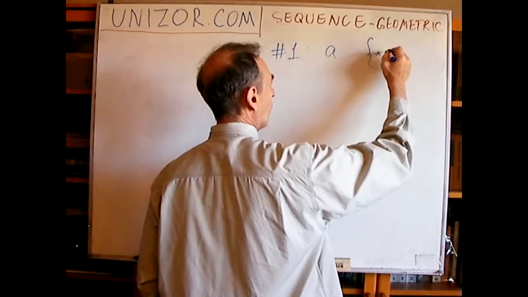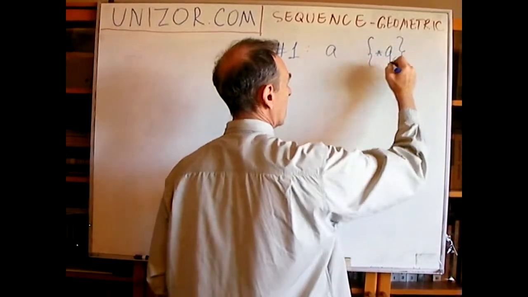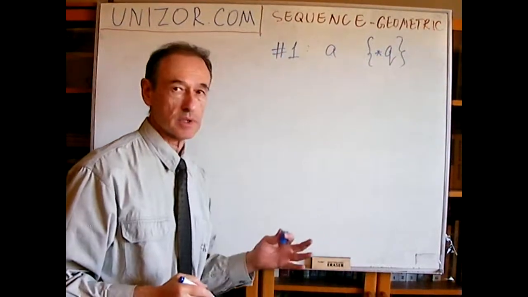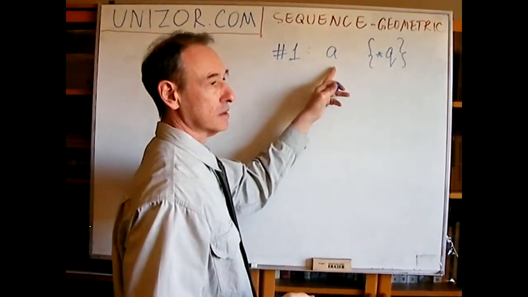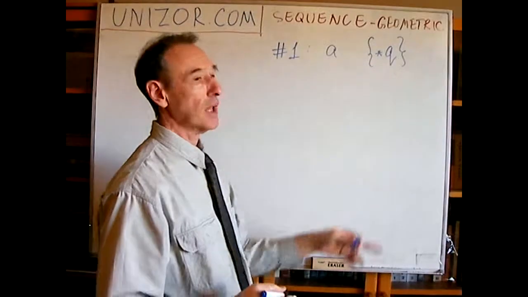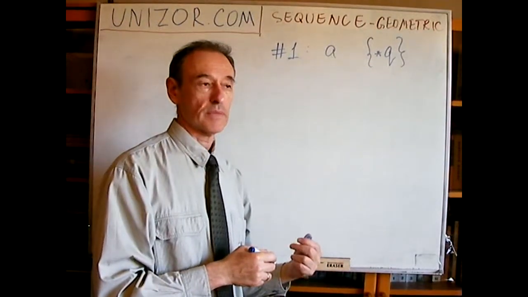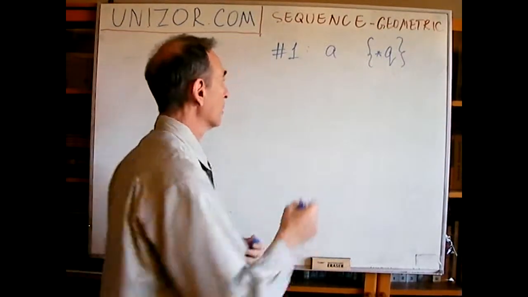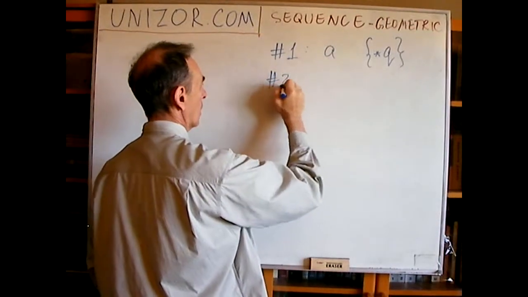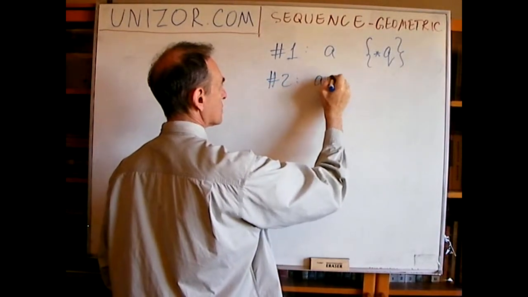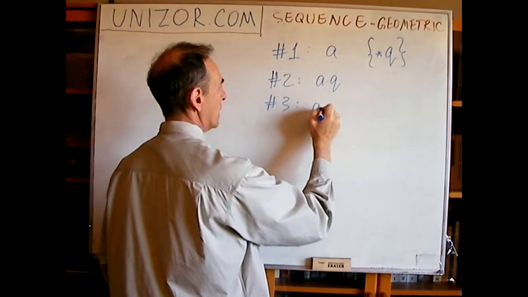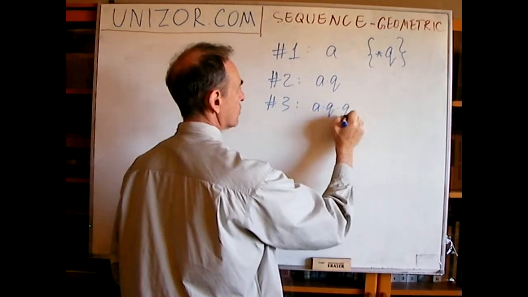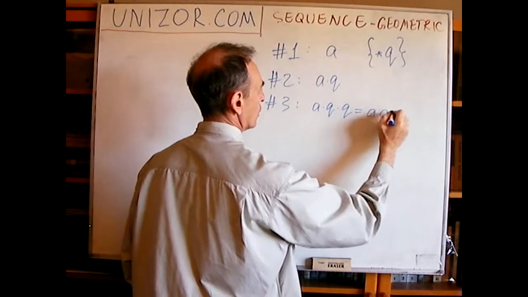Now, all other elements of this sequence are formed sequentially, starting from 1, by multiplying by this quotient. So the number 2 would be a times q. Number 3 would be a times q times q, which is a q squared.